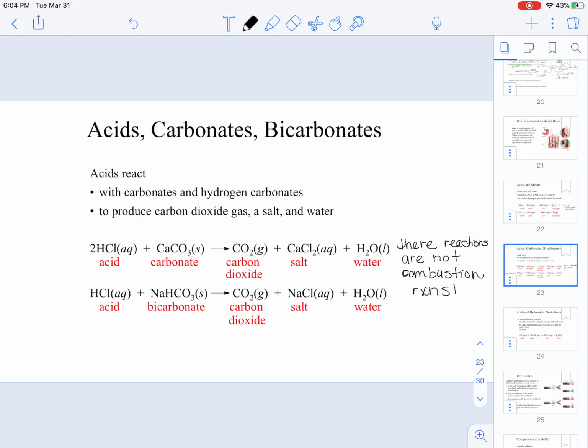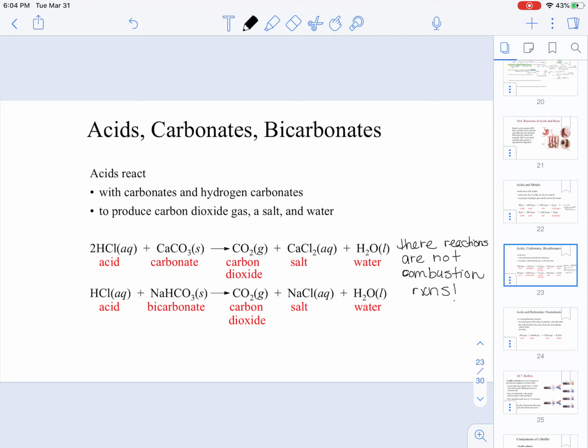If you remember from when I explained this in chapter 7, combustion reactions are when we react something with just molecular oxygen. The presence of CO2 and water does not signify that we have a combustion reaction.